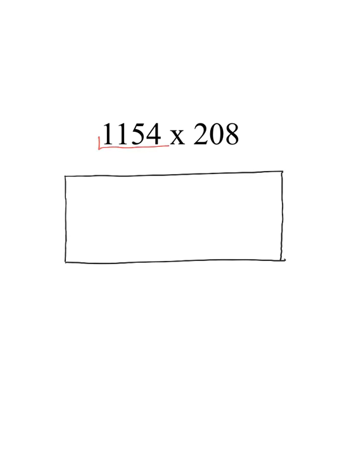When I break 1,154 up by place value, I have to start with the thousands. When I break 208 up, I'll have 200, 0, and 8.